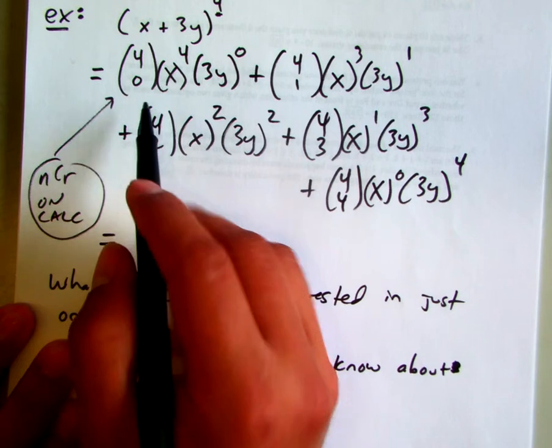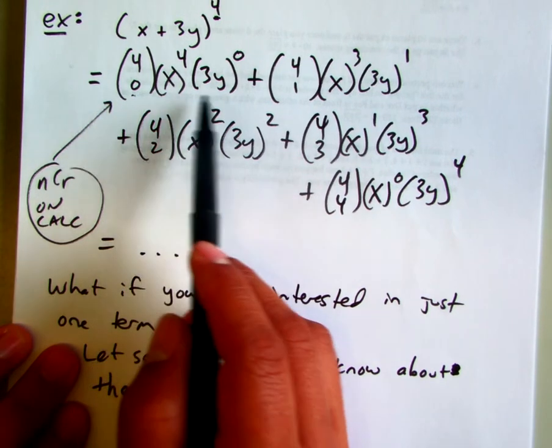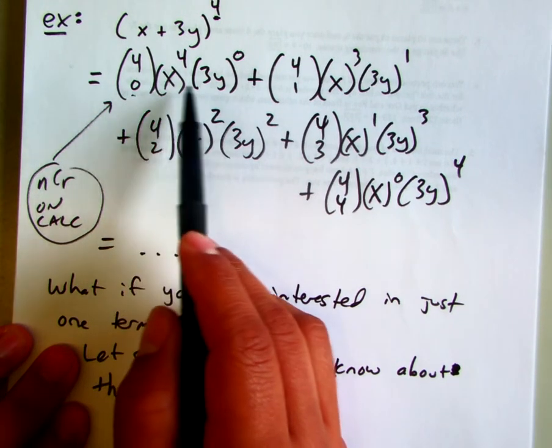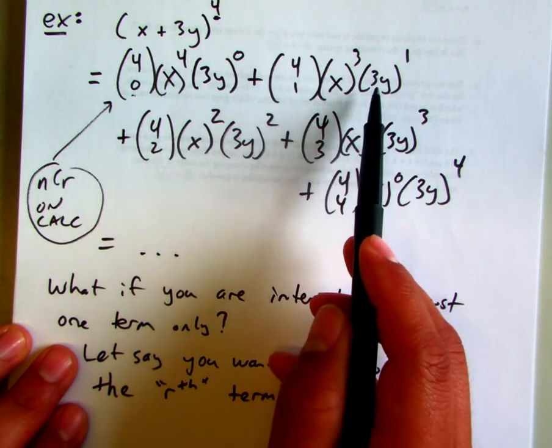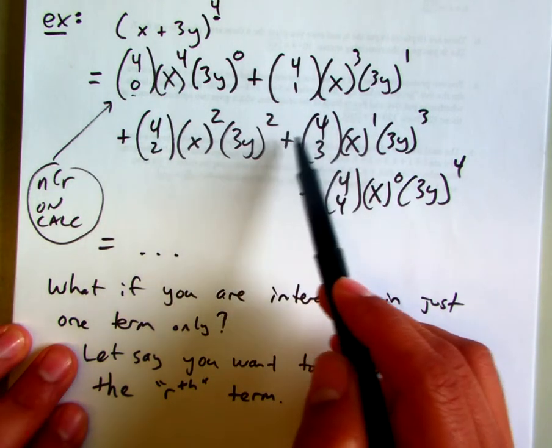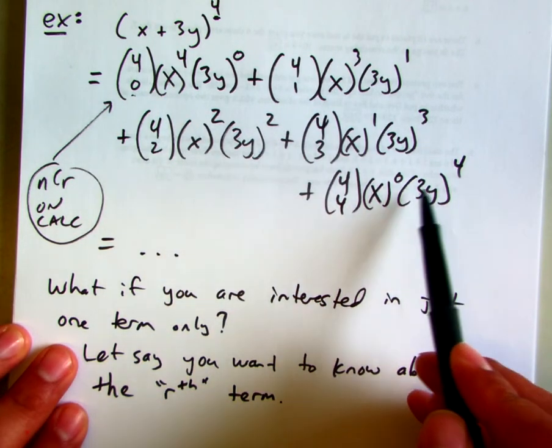For instance, this entire thing is which term? First term. This is the second term, third, fourth. This has 5 terms total. Do you guys see that?